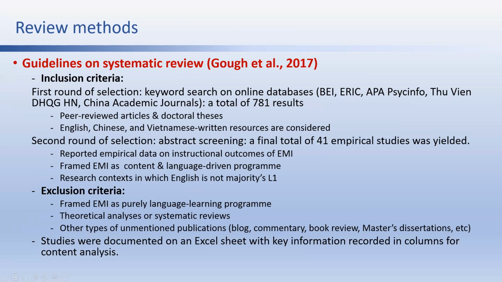First of all, in terms of inclusion criteria, there's a first round of selection where I searched keywords on online databases, including some English-written, Vietnamese-written, and Chinese-written databases. The initial search yielded 781 results.